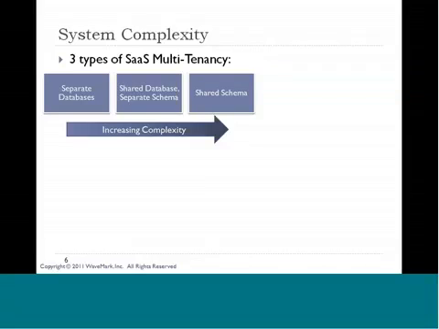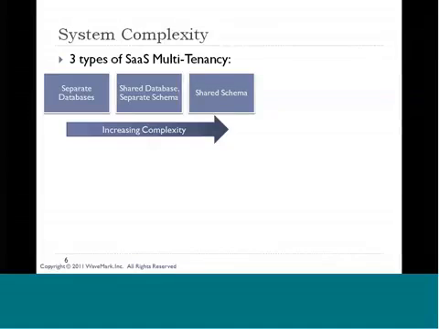They run it in the cloud. There are 3 types of multi-tenancy, i.e. 3 types of ways tenants could sit on the same shared SaaS platform. The first one is the simplest one. It's separate databases, where every tenant or customer has their own database in which they have their own data.